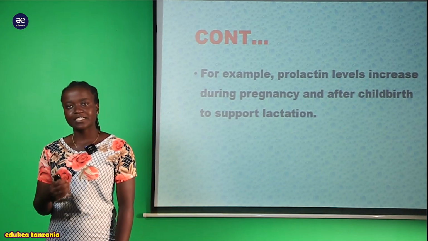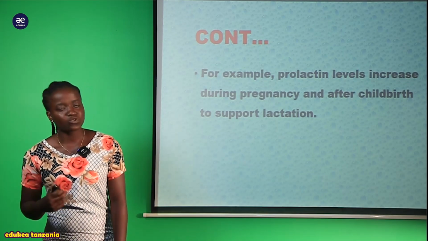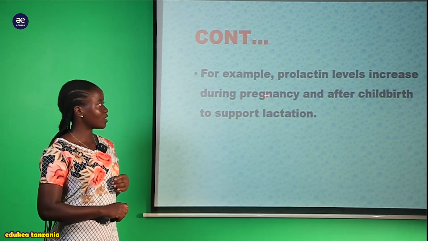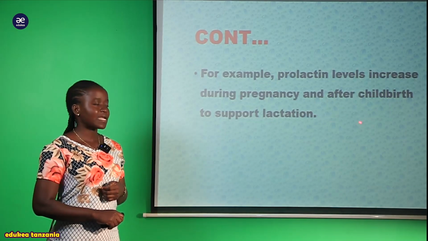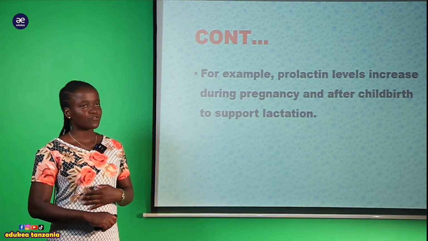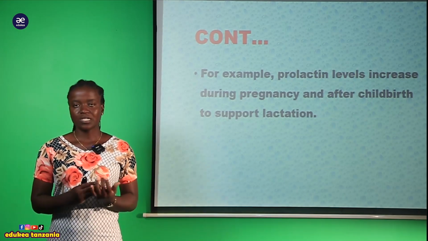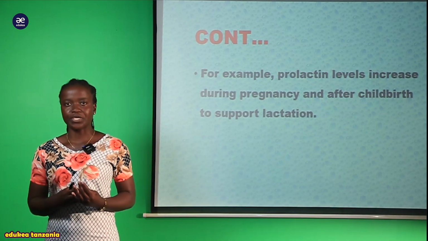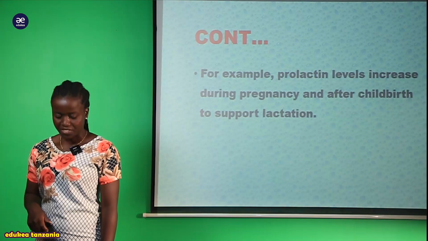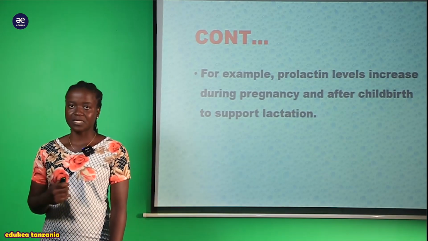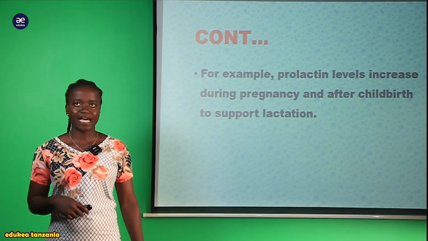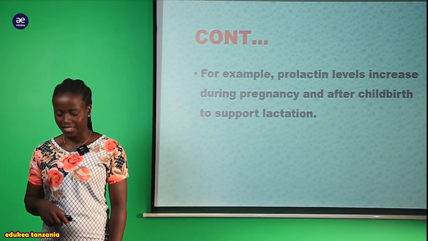Kwa hiyo sasa ile prolactin hormone inakuwa nyingi sana pale ambapo mama anakuwa mjamzito, pia anapokuwa amejifungua yule mtoto, ndipo ambapo yale maziwa yanazalishwa wingi, is due to the presence of this prolactin hormone that is produced within the pituitary gland.